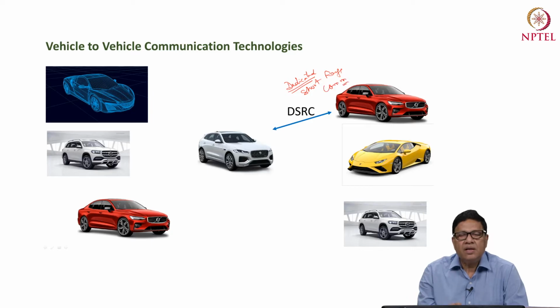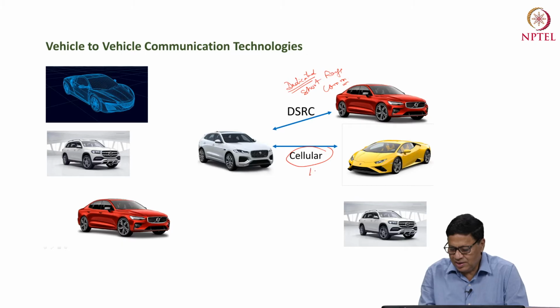We have a standard for this DSRC. The other option could be cellular, for example, LTE. That's the standard for vehicular communication. You use the LTE framework or LTE network for communication between two vehicles.